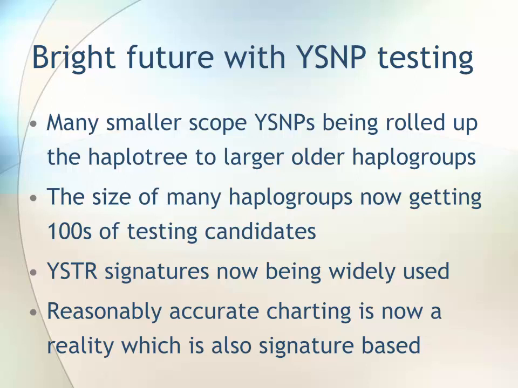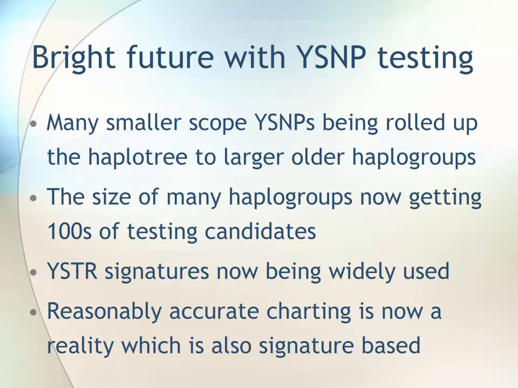Also, YSTRs are widely known now, and they're used not only to sort out how you're connected, but also for SNP prediction very widely as well. So all this does is reveal the math behind how signatures really work, and we're having very reasonably accurate charting now.